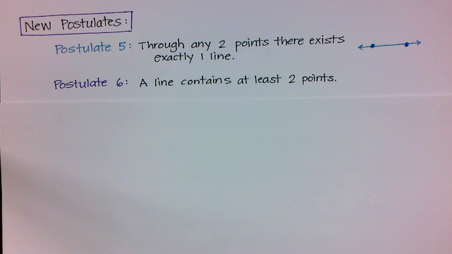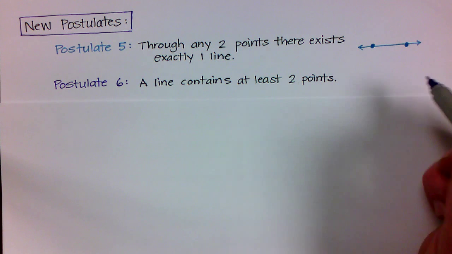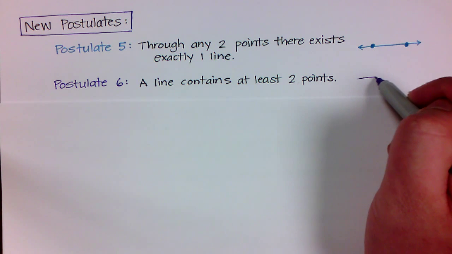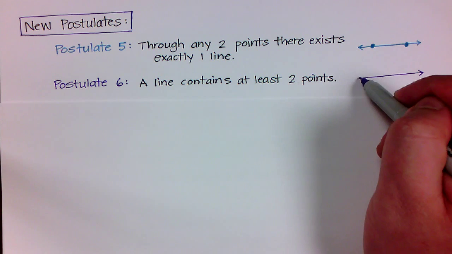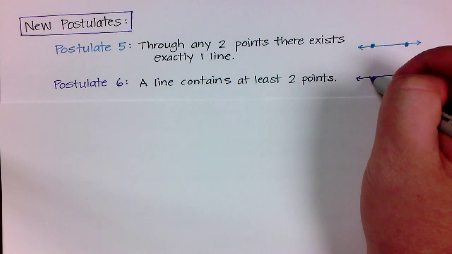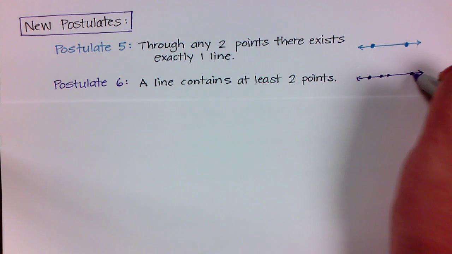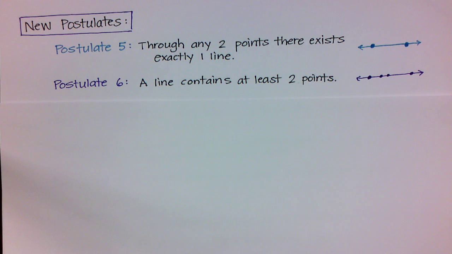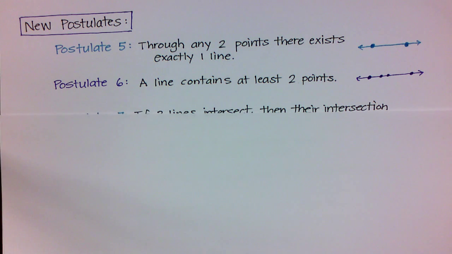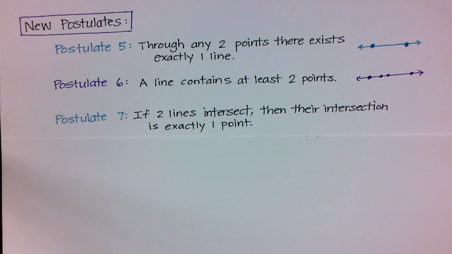A line contains at least 2 points. So this time I'm starting with the premise that I have a line, and I can assume that it has at least 2 points on it. We know that a line is made up of so much more, so that's why I'm drawing several different points. Okay? Postulate number 7 says, if 2 lines intersect, then their intersection is exactly 1 point.